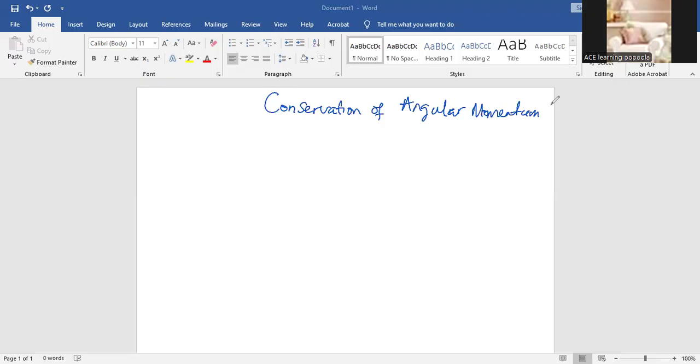That is, when the total external torque acting on a system is equal to zero, then the total angular momentum of that system is constant.